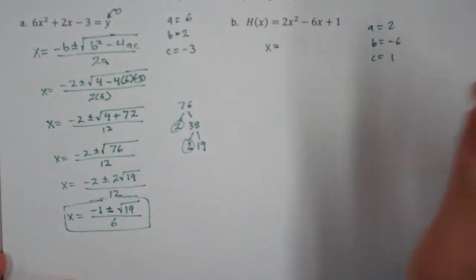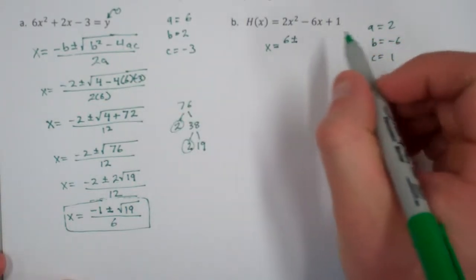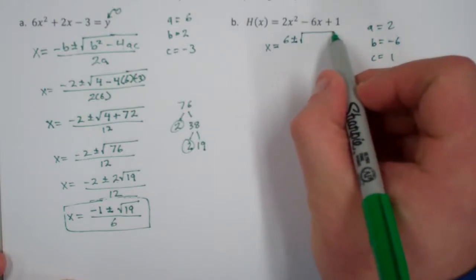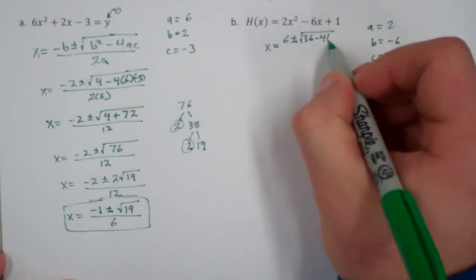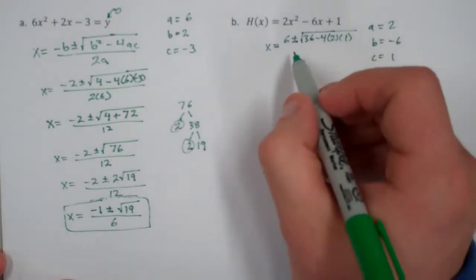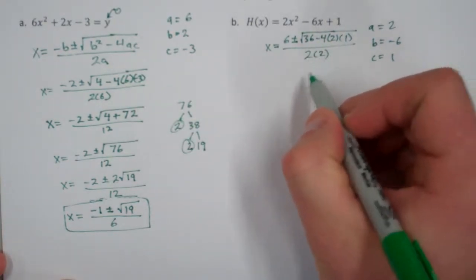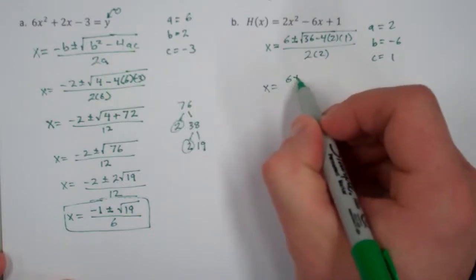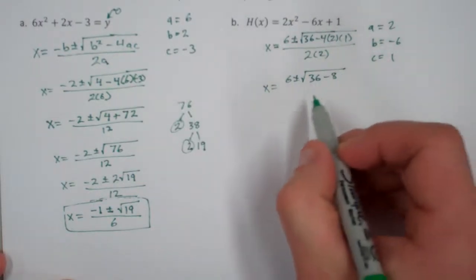Okay. So x is equal to the opposite of b, which is 6, plus or minus the square root of b squared, and that's going to be 36, minus 4 times a times c, which is 1. Alright, and then we've got 2a on the bottom, so that's going to be 2 times 2. 6 plus or minus the square root, if we simplify this a little bit, that's going to be 8.